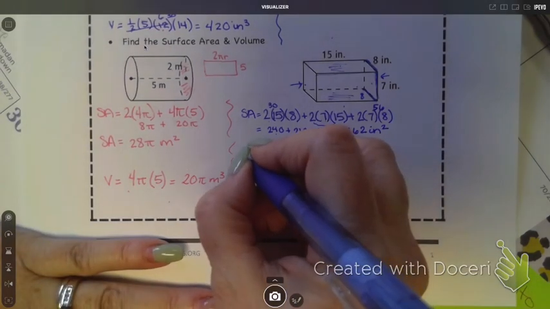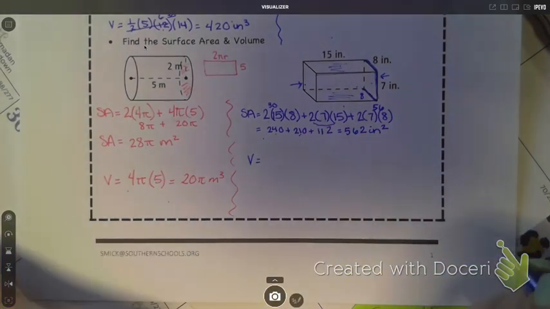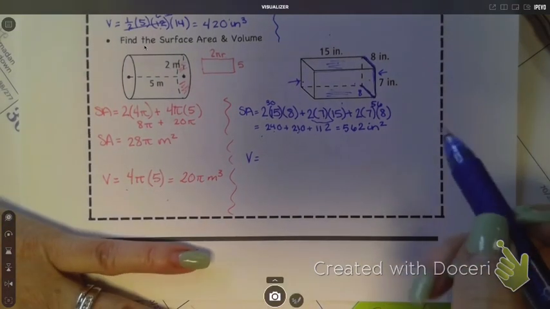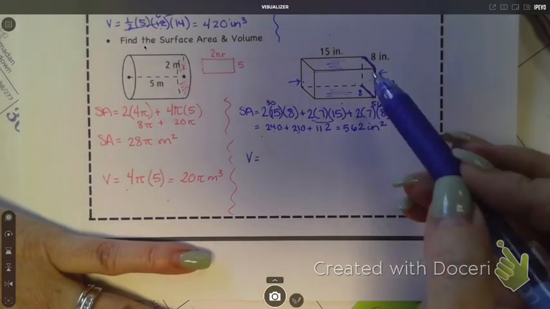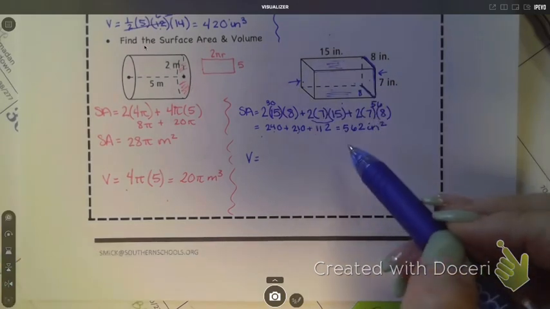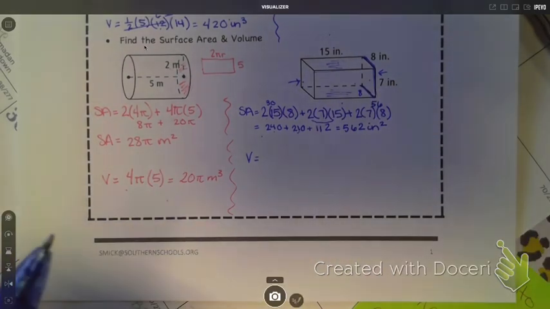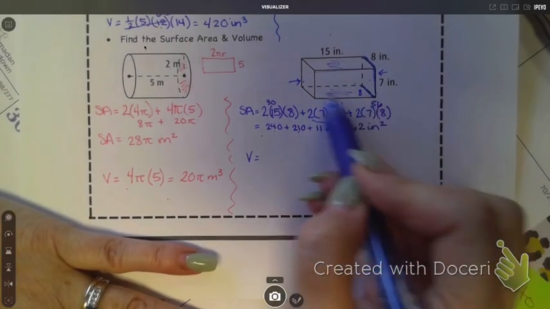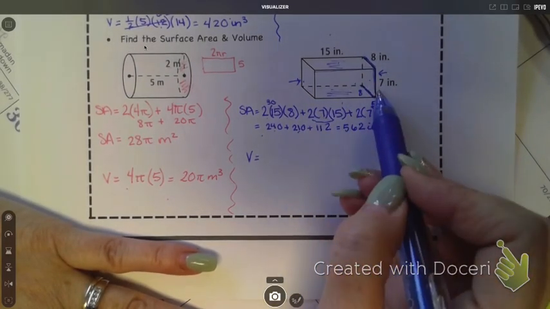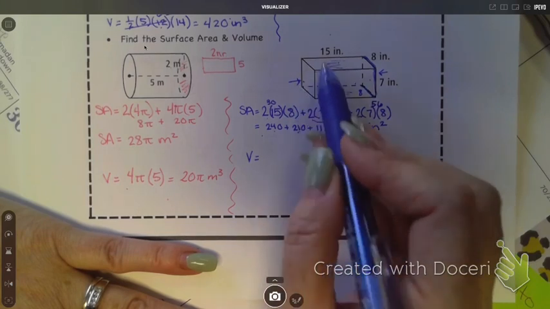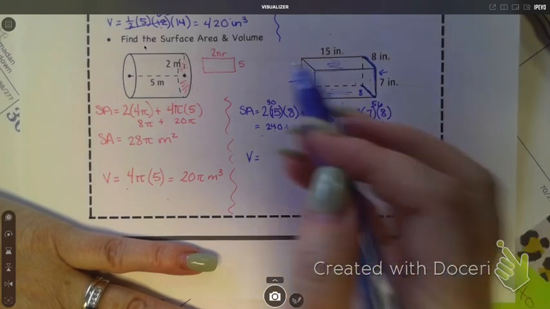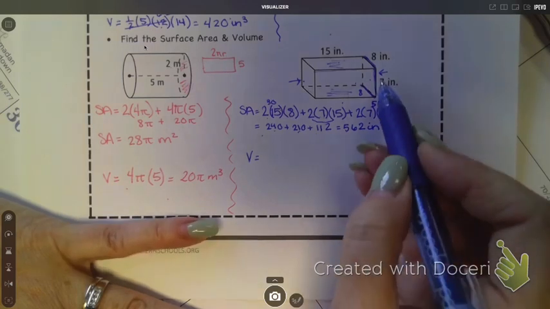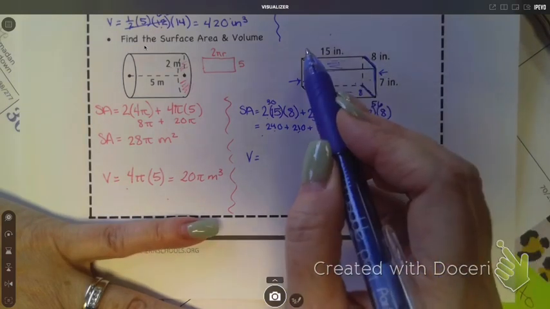Okay, volume. I really think volume's the easiest. Because on a rectangular prism, can I use any base? Yeah. I could use this base down here, and the height would be 7, right? Or I could use the base on the side, and the height would be 15. Does it matter? I'm going to take 7 times 8 times 15.